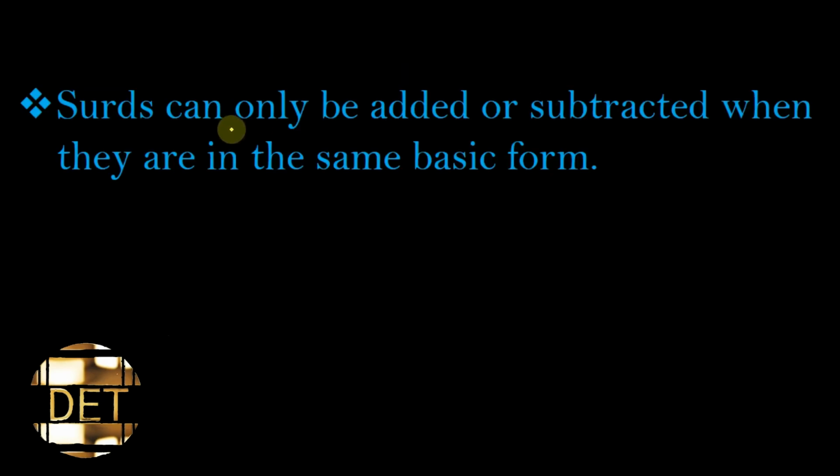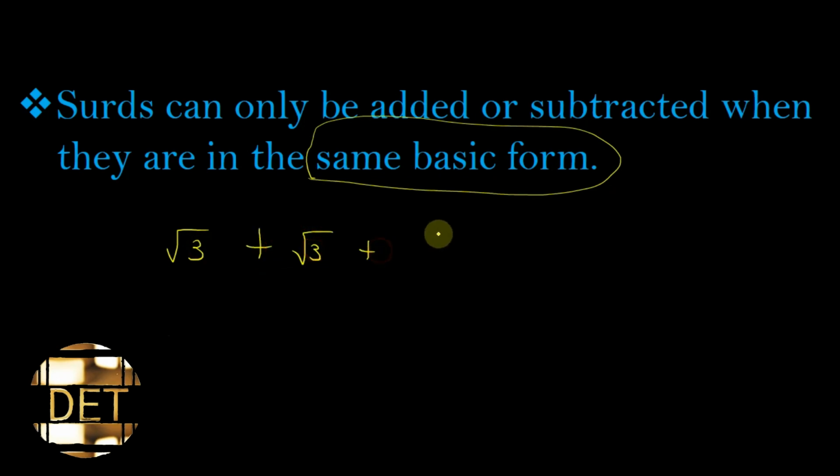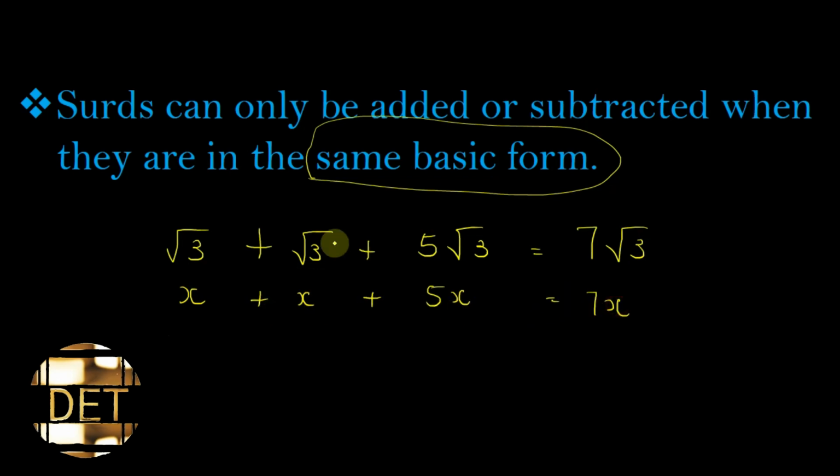Like I've explained before, surds can only be added or subtracted when they are in the same basic form. So if you have root 3 plus root 3 plus 5 root 3, root 3 plus root 3 gives 2 root 3, plus 5 root 3 gives 7 root 3. It's like x plus x plus 5x: x plus x gives 2x, plus 5x gives 7x. So surds can only be added or subtracted when they are in the same basic form.